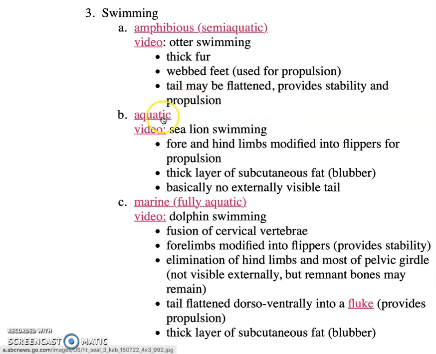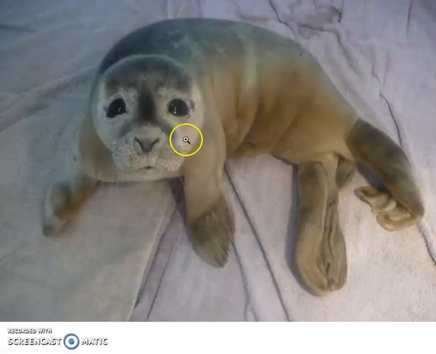The second category is what we call aquatic, and those are species that live almost their entire lives in the water. They can come out of the water, and some of their basic functions, like giving birth, happen on land, but they spend almost all their time in the water, and they're highly adapted for swimming. The example is a sea lion.